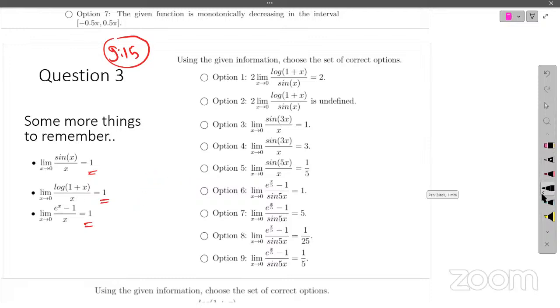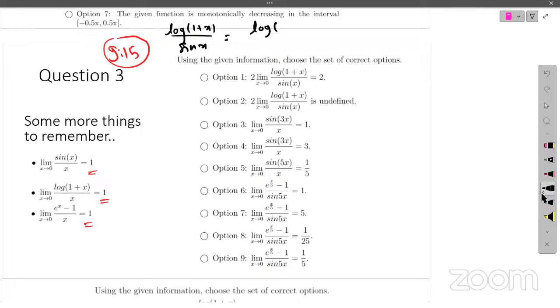So what is given to us? It's given that log of 1 plus x upon sin x. The limit of sin x upon x is given to us, and the limit of log of 1 plus x upon x is given to us. So we will change this function log of 1 plus x upon sin x. We'll just multiply and divide by x.